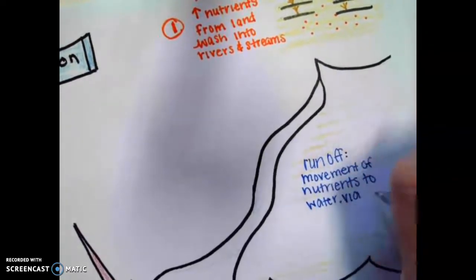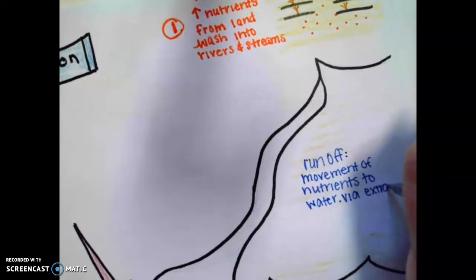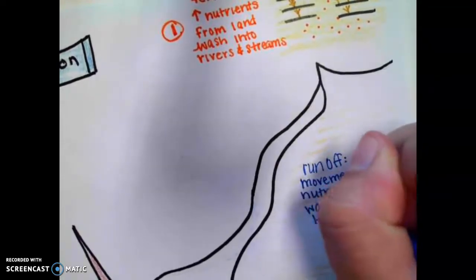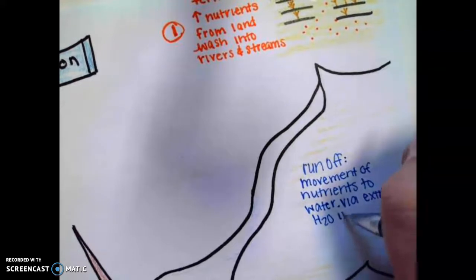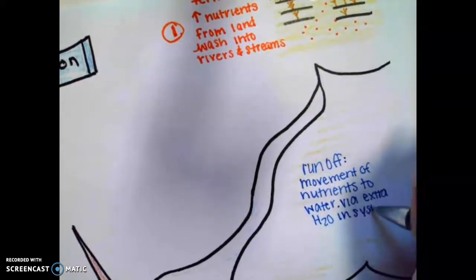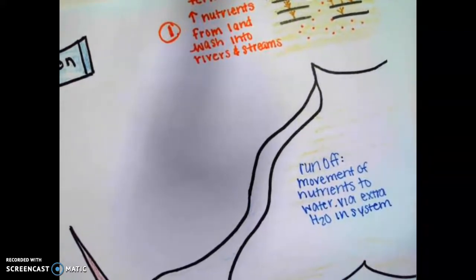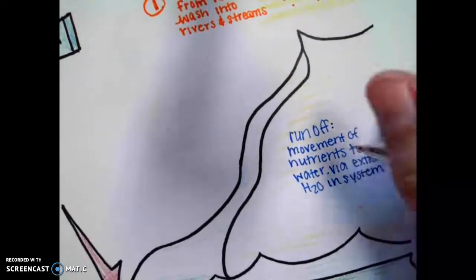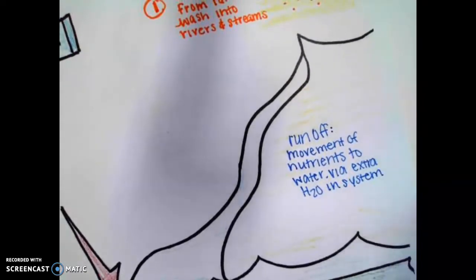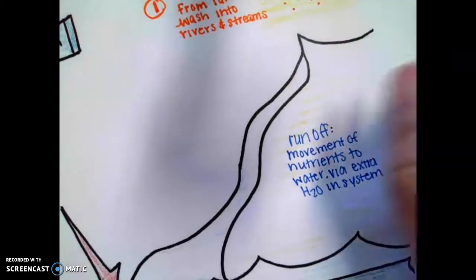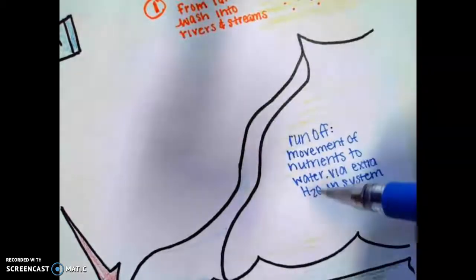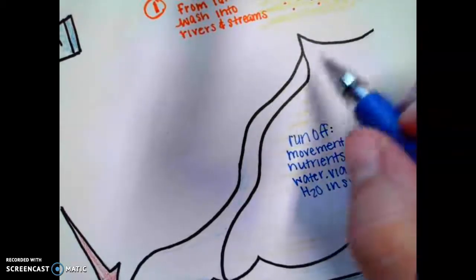This is via extra water. Extra water in my system, so that could be like lots of rain or even lots of irrigation. So that kind of goes along with step one there, so we're not going to relabel that or anything.